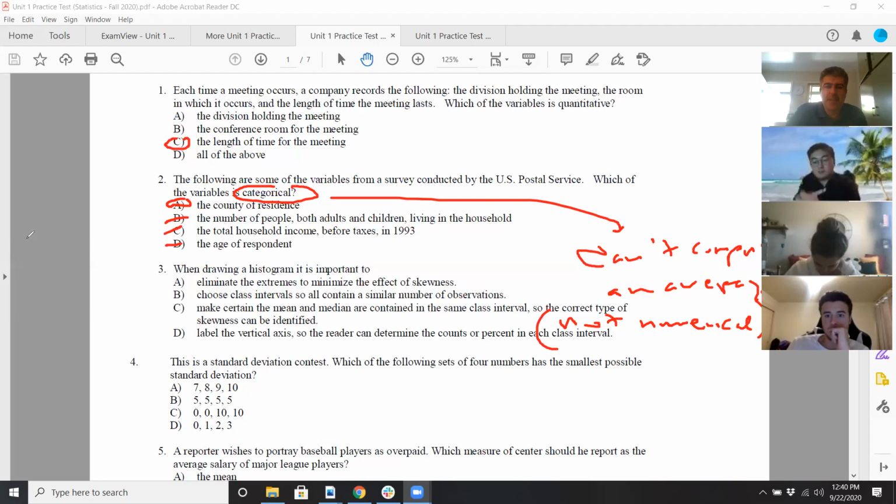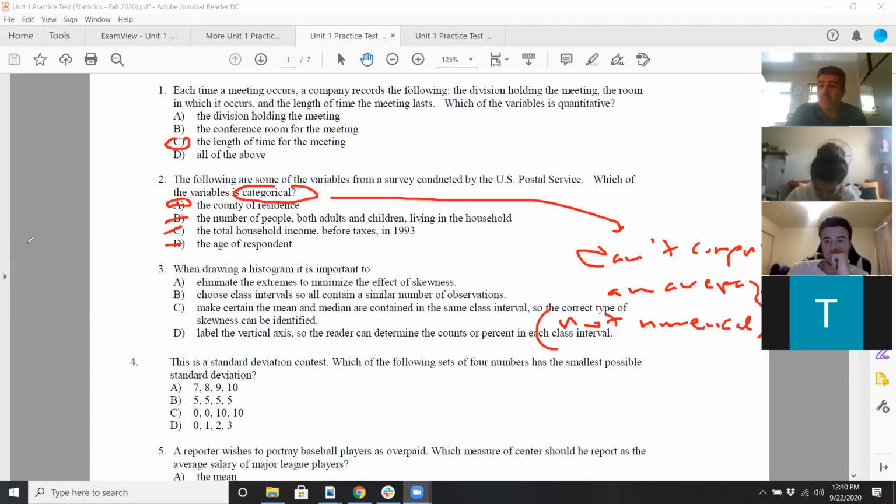So that's why I'd say it's a category. Gender would be a category. Ethnicity, category. Yes or no, if you've graduated college, that's a category. Again, you can still present a number with it down the road, but the answer itself is not numerical. It's verbal.